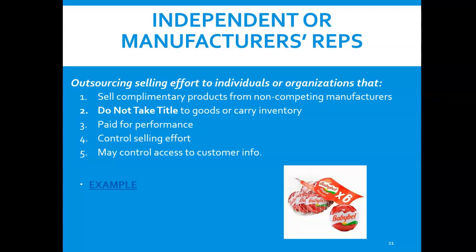So then you have a manufacturer's independent rep that represents your brands, will get orders for you, but then the actual company is going to fulfill the order and provide the inventory. And I have another example linked there.